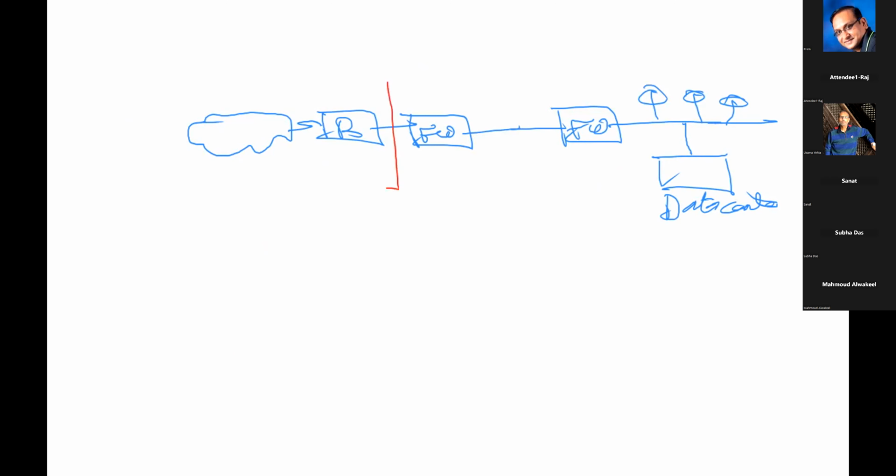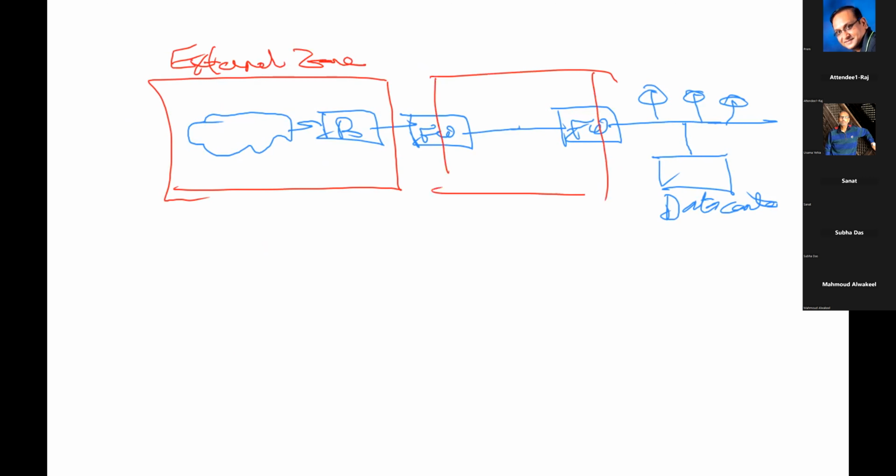You have here the external zone, and it is not trustable. You have here the DMZ, the demilitarized zone, where you can add servers, which is accessed from the internal zone and external zone at the same time.